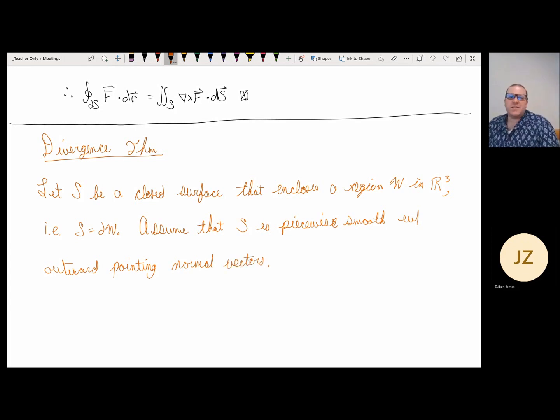S needs to be piecewise smooth, oriented in the positive direction. In other words, outward pointing normal vectors.